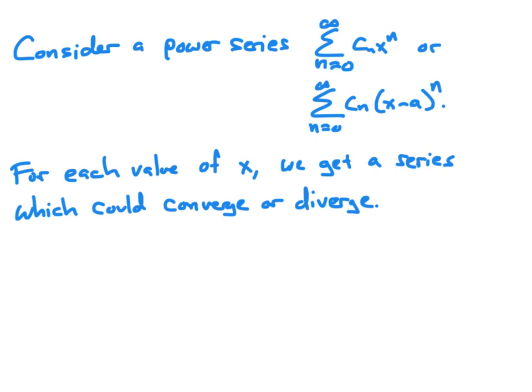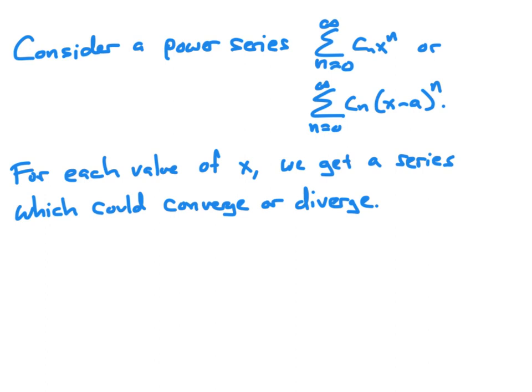Thinking about this general power series, we can substitute some real number in for the variable x. And when we do that, we get an actual series resulting from this. It's no longer a power series because there's no longer a variable involved since we've replaced the variable with a constant. And so we get a standard infinite series, and we know that those could converge or diverge.